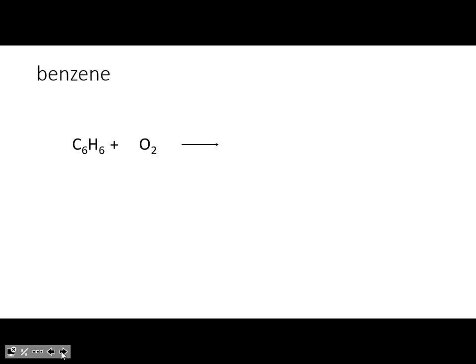The final one we're going to work today is benzene. If you remember, benzene was that ring that we made that had alternating double bonds. When we drew it out, it looks something like this.